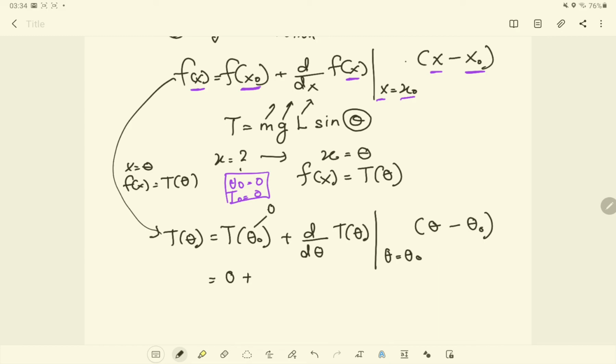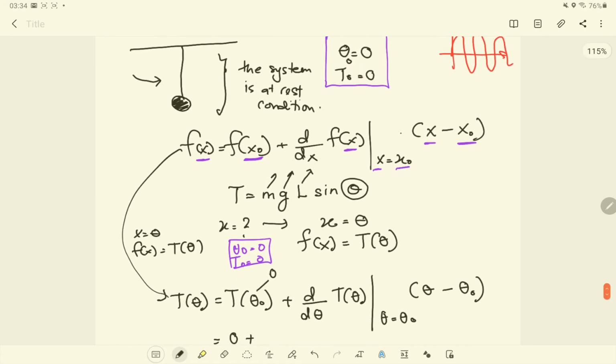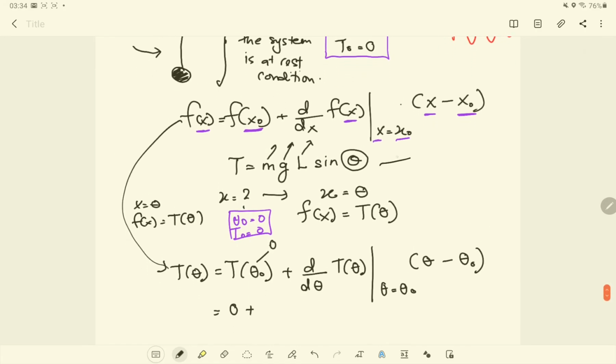So you differentiate the equation with respect to theta. From here you will get mgl cos theta, and you have to substitute theta equal to theta naught, which is 0.